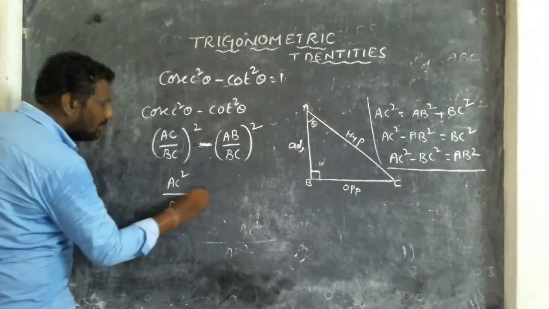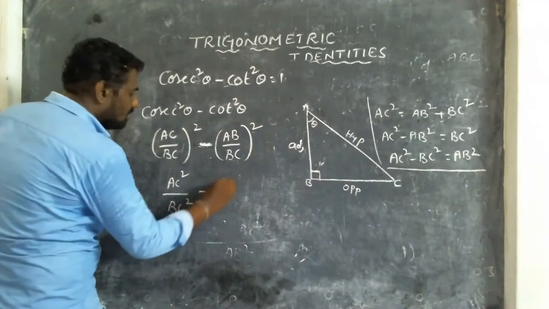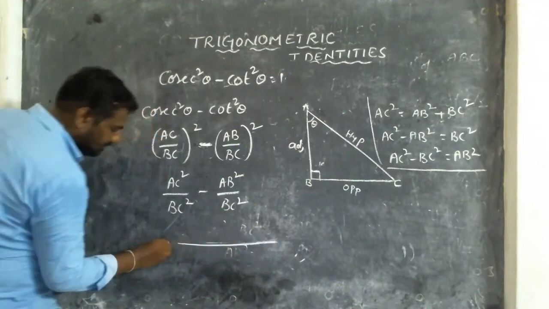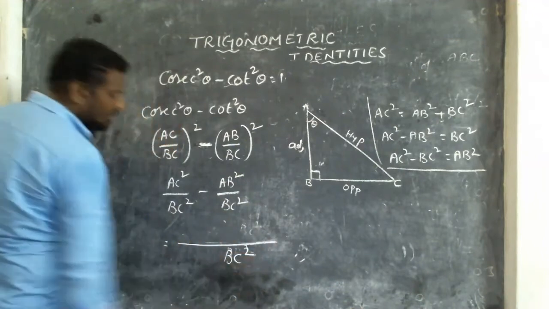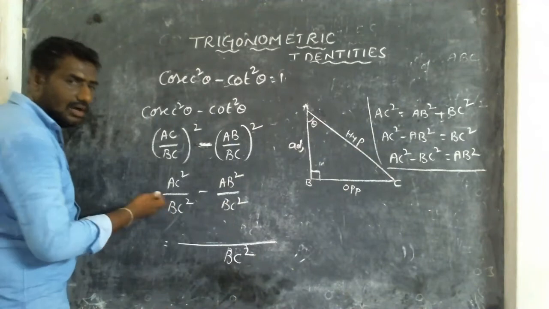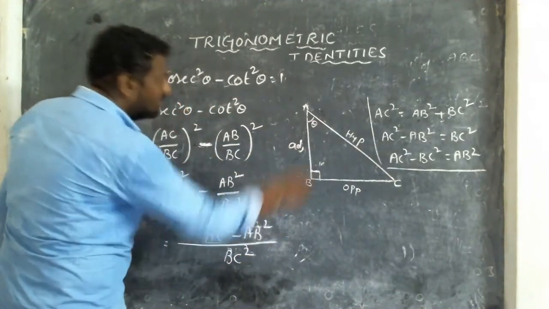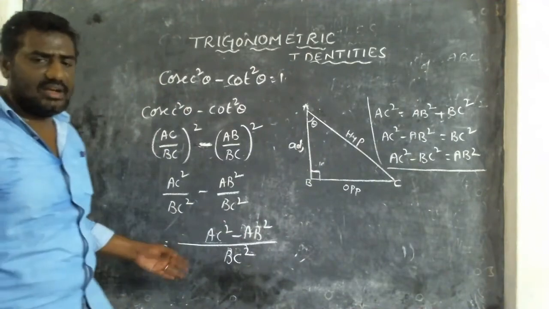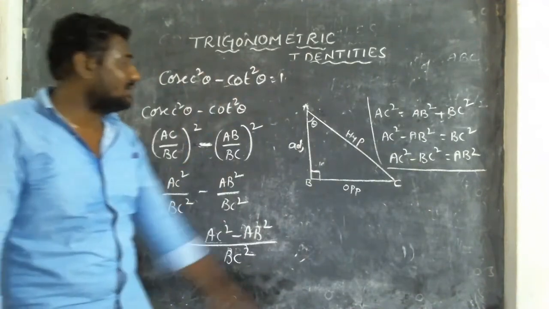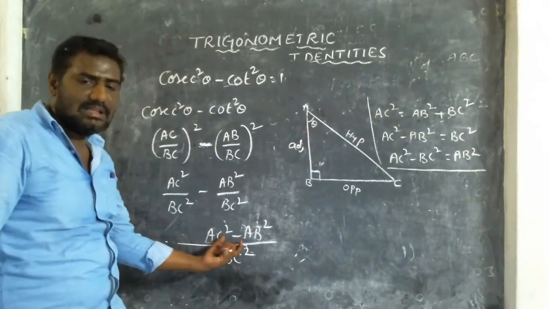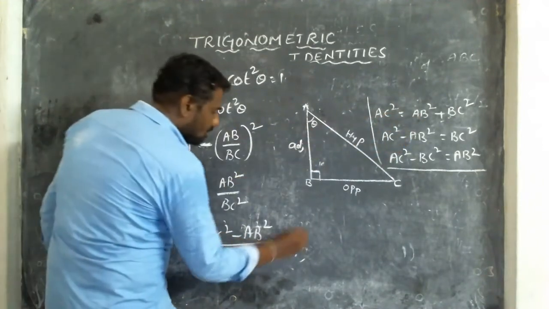Now AC square by BC square minus AB square by BC square. Go for the LCM, BC square. Denominators are the same, you write as it is. What is the remaining numerator? AC square minus AB square. Again go to our three relations. In those three relations, somewhere our AC square minus AB square is there, I think in the second place. AC square minus AB square is nothing but BC square. In this place, we write BC square.